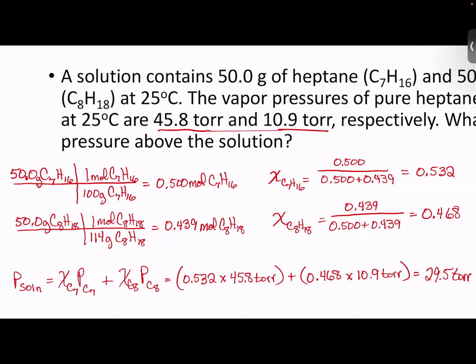Now, does it make sense from the standpoint of our two mole fractions? These mole fractions are pretty close to half, so I would expect this number to be roughly between those two, almost halfway between them. It'll be a little on the higher side, but still closer to halfway between the two, and it is. So the numbers make sense.